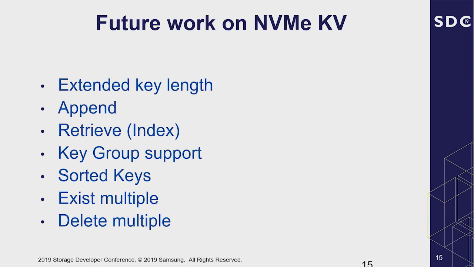So sorted keys is something that we need to consider for future work. Exist multiple and delete multiple. Again, these are things that the API has already specified, can be done in the host, but eventually, as we have more capabilities on the device, moving those functions down to the device would be very useful.